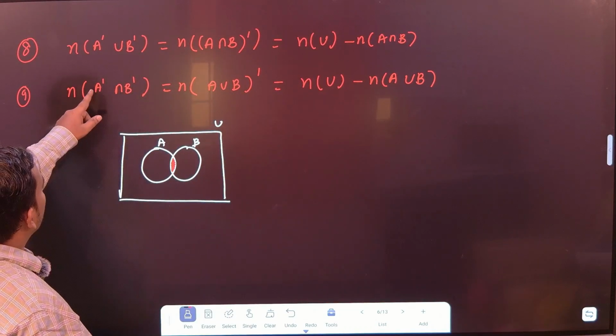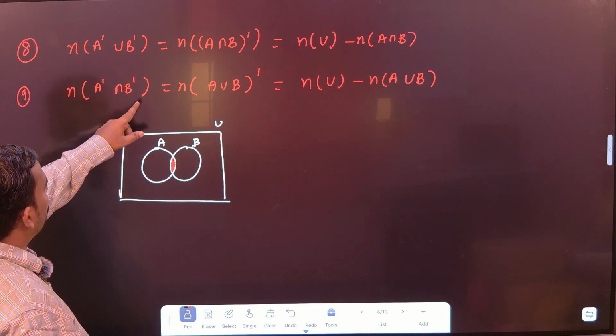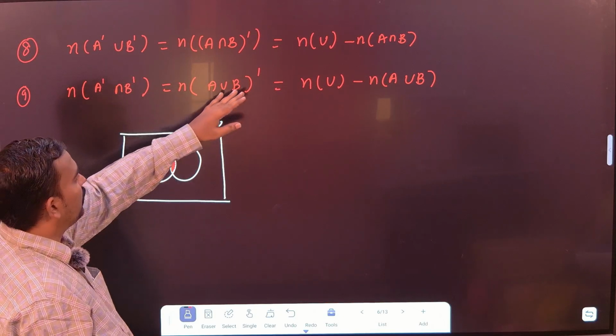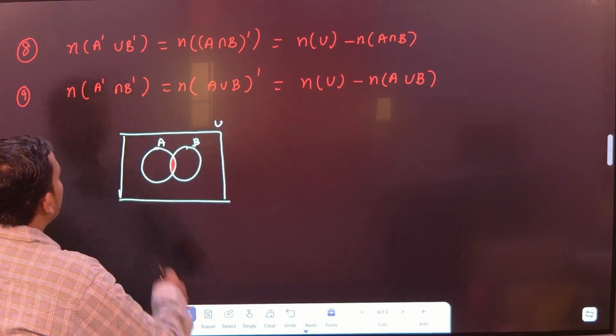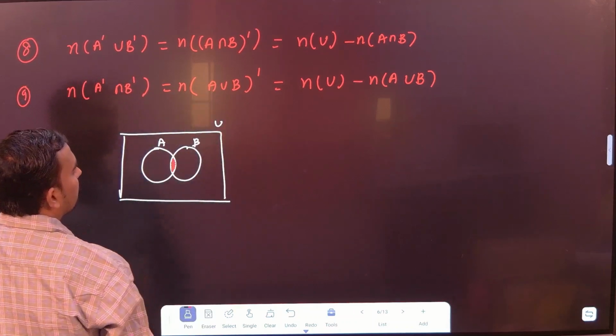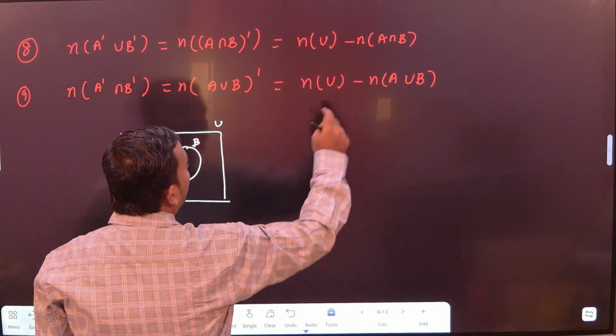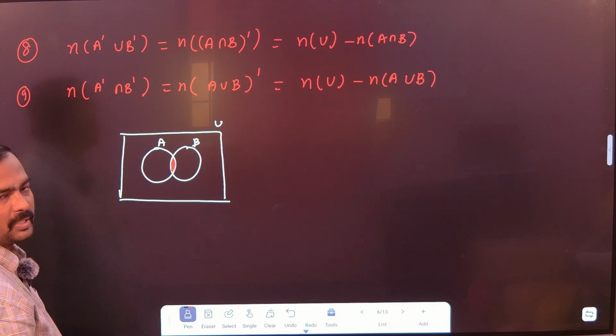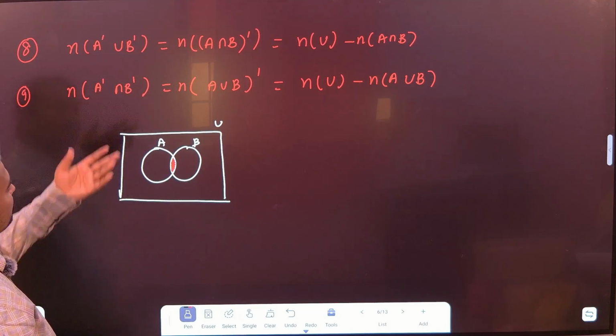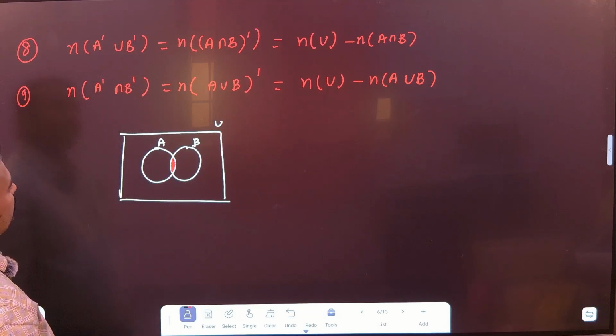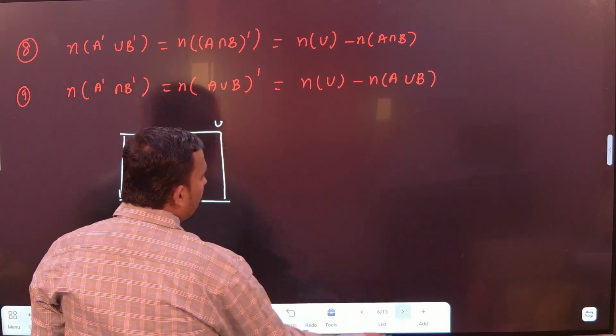Okay, the same way A complement intersection B complement you can write as N of A union B whole complement. Here intersection changes to union. So this is same as N of U minus N of A union B. So I hope everyone understood this. This is very simple only. Okay, let me take another one.